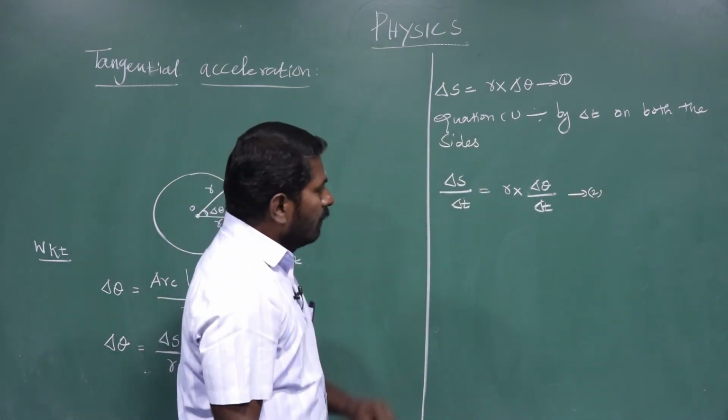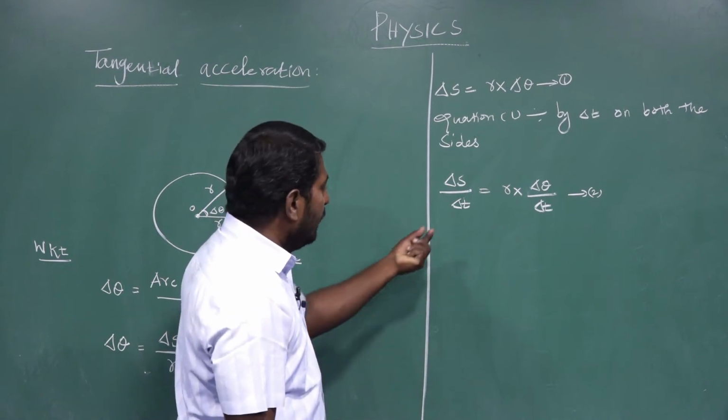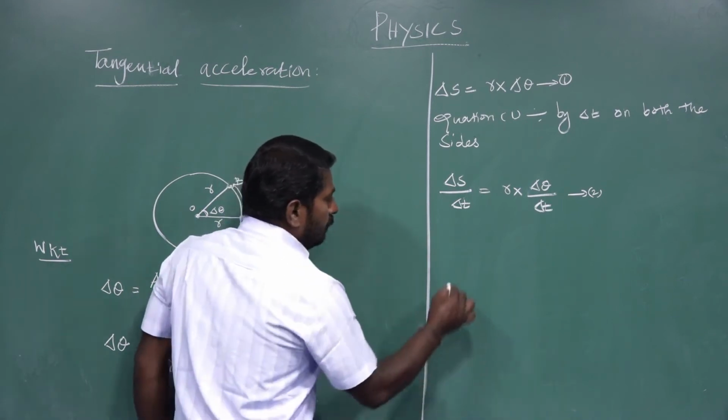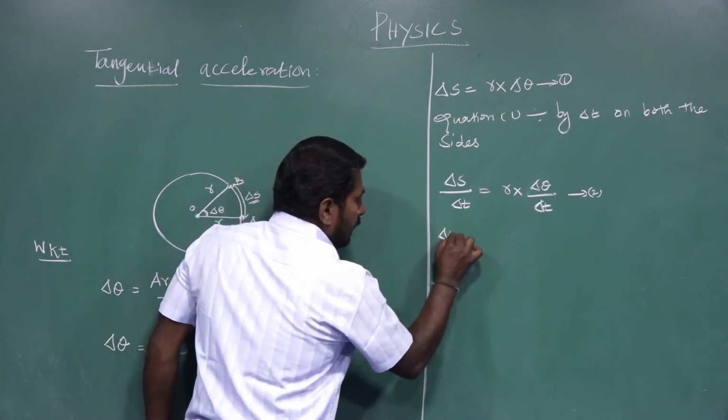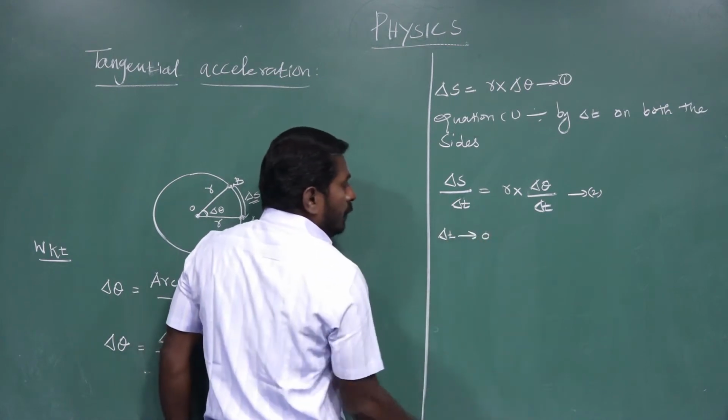From equation 2, we take the limit as delta t tends to 0.